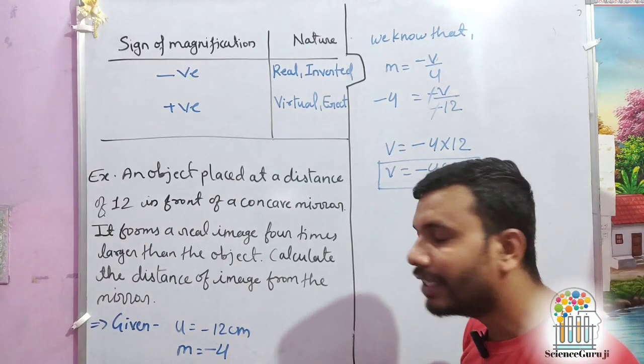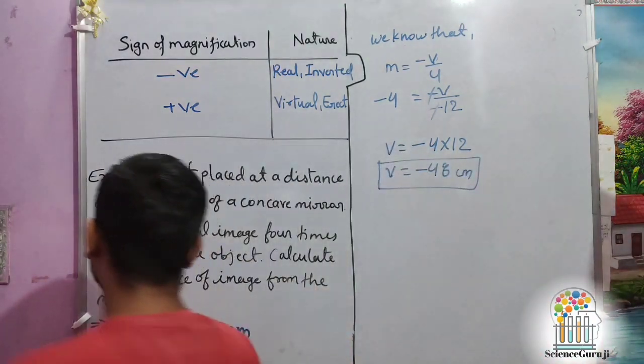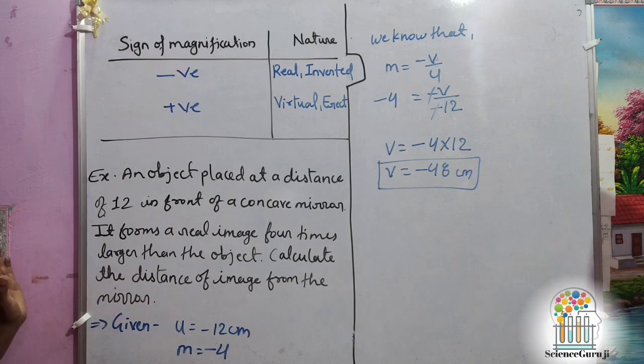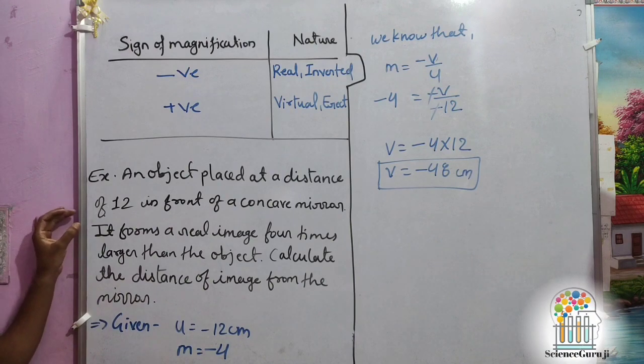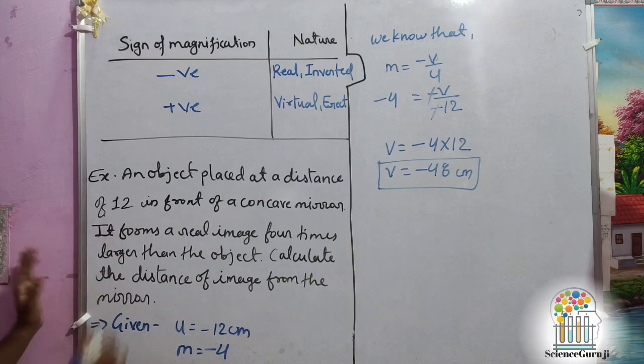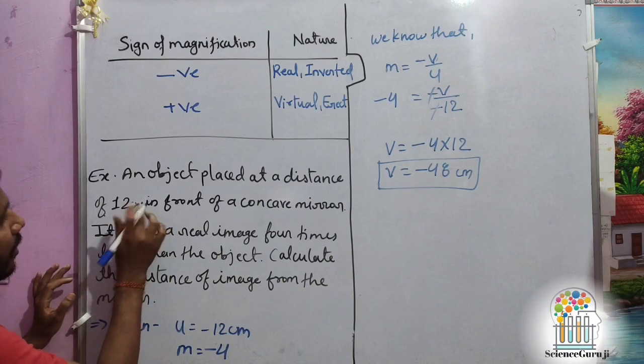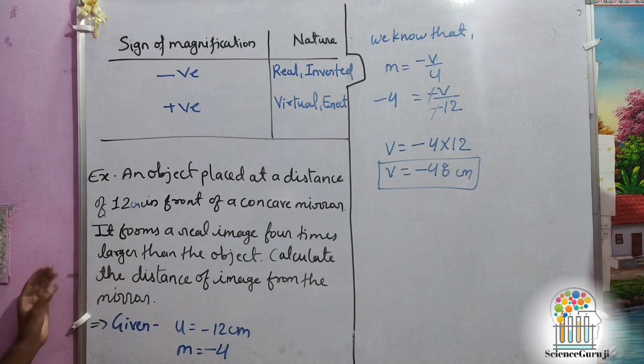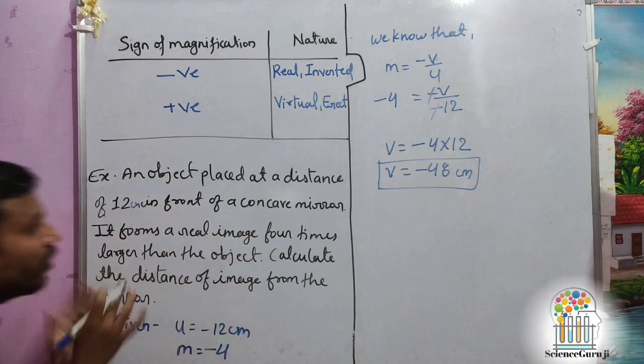Let's understand this one more time. Our question asked us the distance of an object placed at a distance of 12 centimeter in front of a concave mirror. Here we will not see whether it is concave or convex.